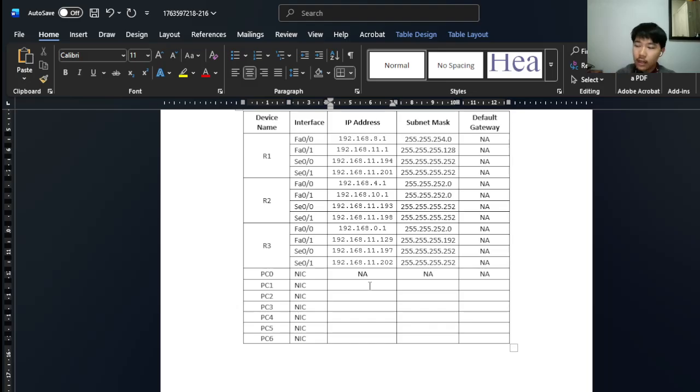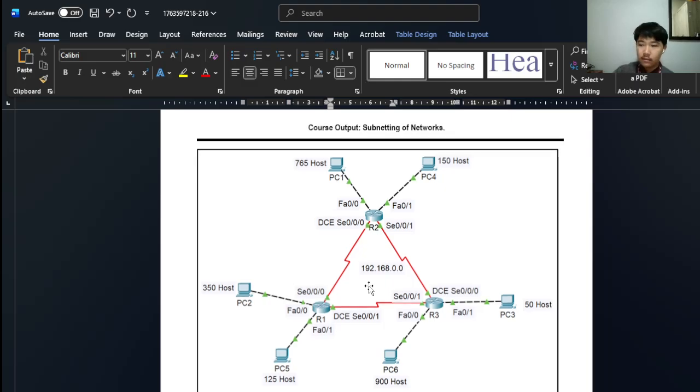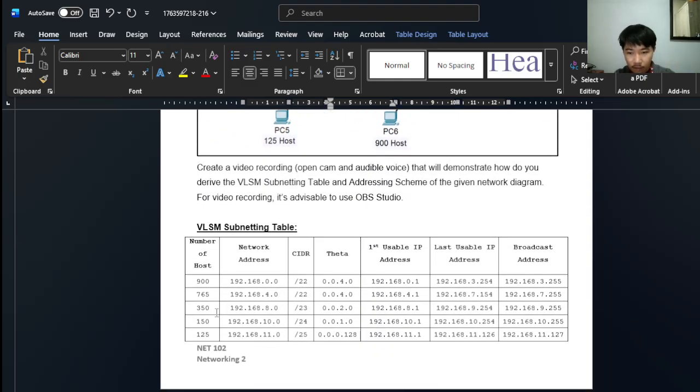For the PC1, it has a host of 765. Let's check this. So just like what I've said earlier, in order for us to get the IP address for each PC, we are going to use the last usable IP address.